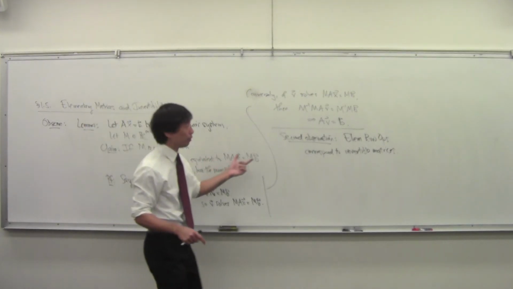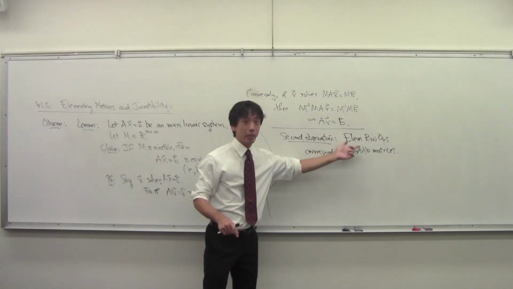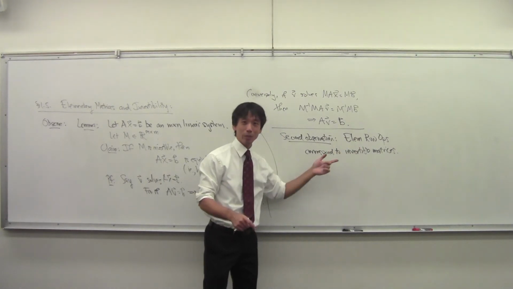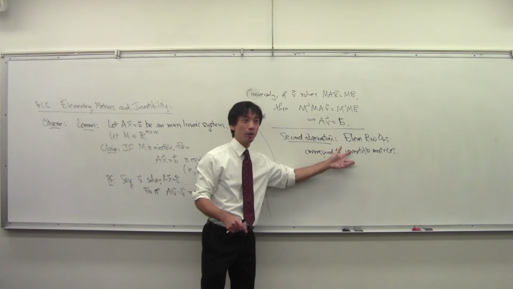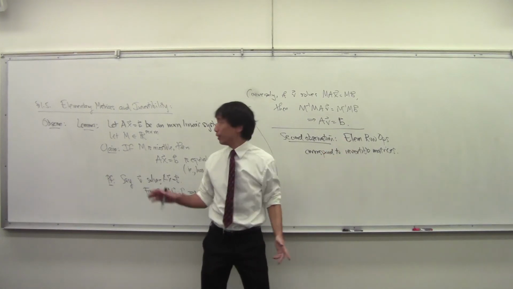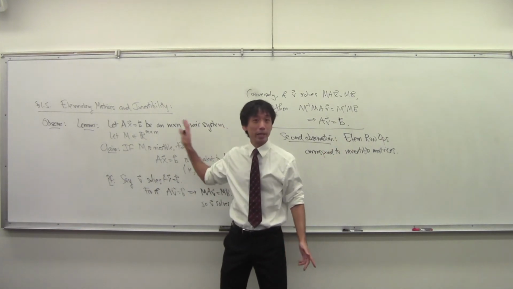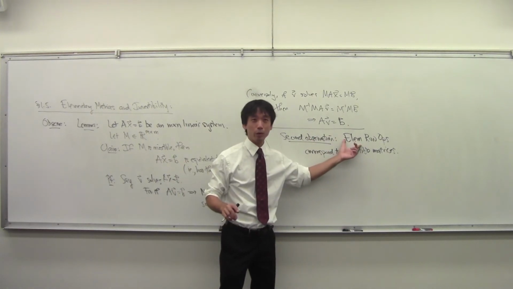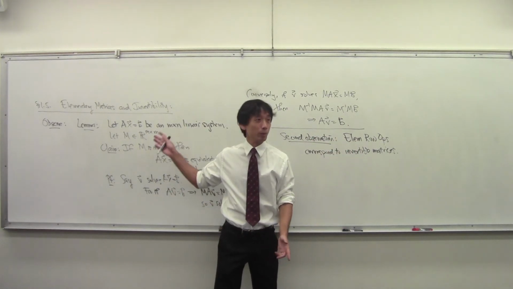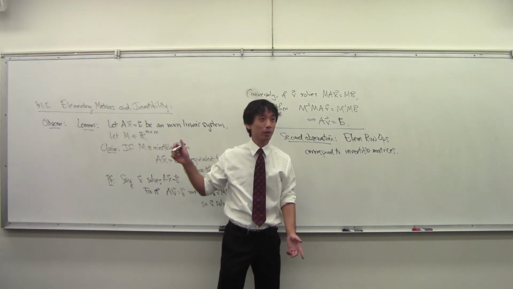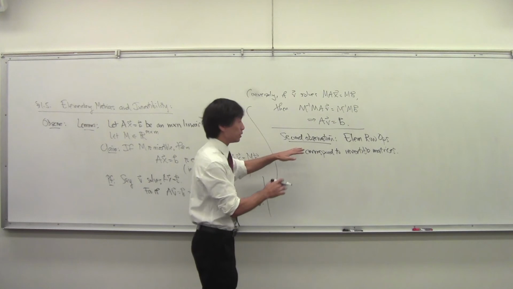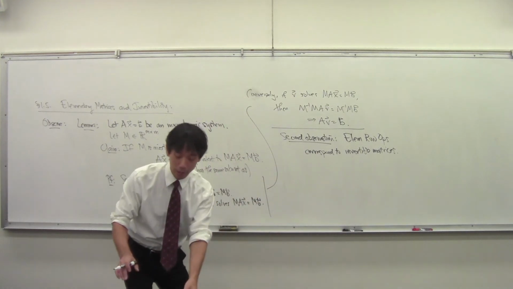What we're going to say right now is that doing an elementary row operation can be accomplished by multiplying by an invertible matrix. So these things actually just are contained in this statement. Doing these elementary row operations actually corresponded to multiplication by some invertible matrix. So these are subsumed in that statement.